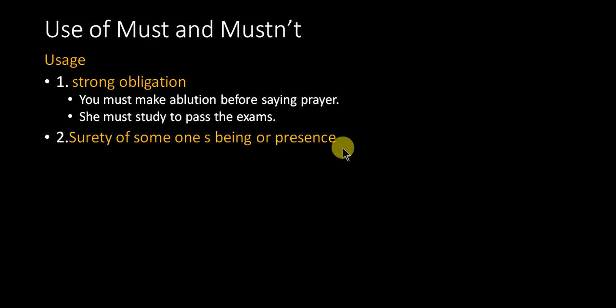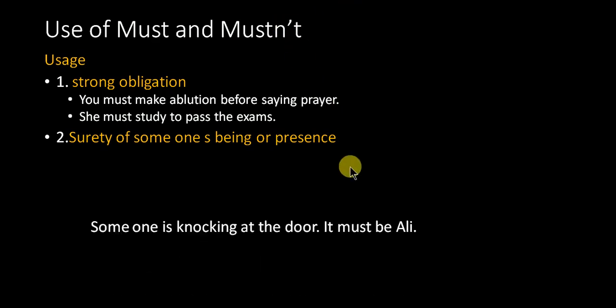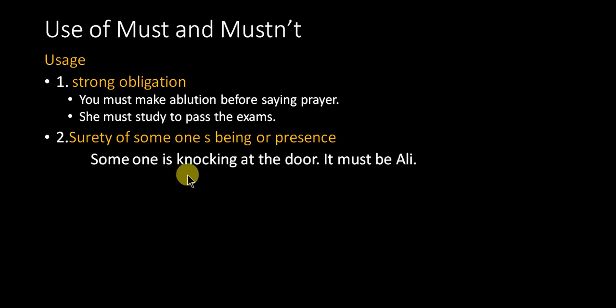The next usage is surety of someone's being or presence. Yes, if you are sure that the person at the other end, or the person who is being talked about, you know him, and you are sure that it is he or she, you can use the word must like this. For example, someone is knocking at the door, okay.